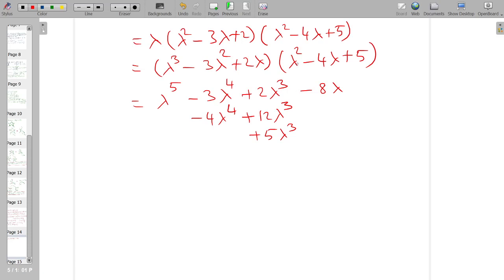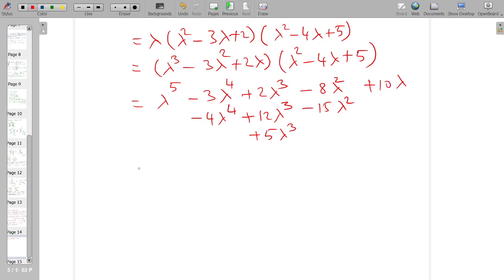Okay, I think have I done it right? Lambda power 5 minus 3 lambda power 4 plus 2 lambda cube minus 4 lambda power 4 plus 12 lambda cube minus 8 lambda squared plus 5 lambda cube minus 15 lambda squared, plus 10 lambda.